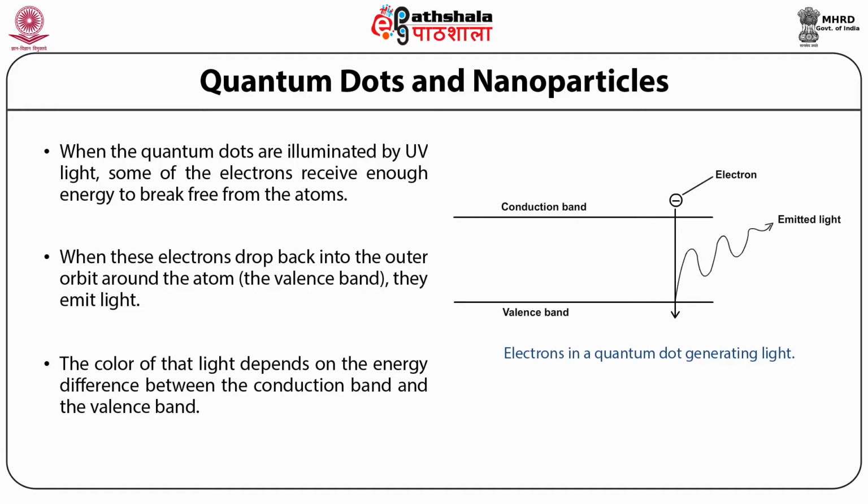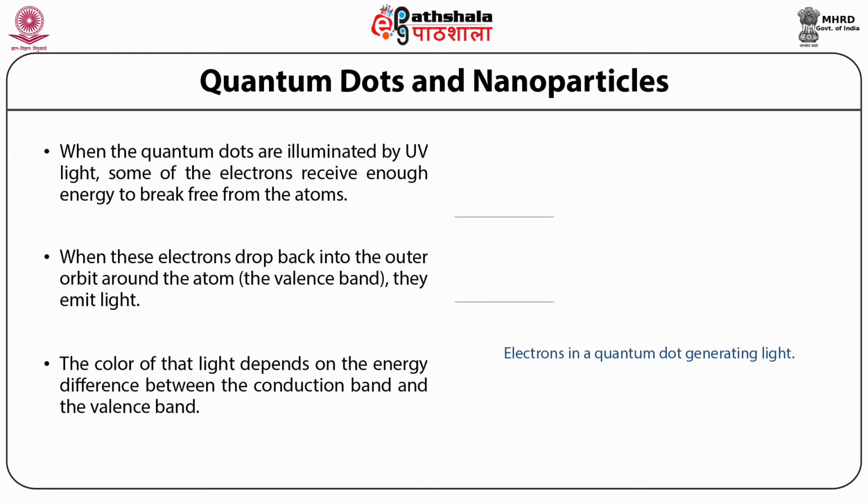The smaller the nanoparticle is, the higher is the energy difference between the valence and conduction bands, resulting in a deeper blue color. For a large nanoparticle, the energy difference between the valence band and the conduction band is lower, which shifts the glow towards the red end.